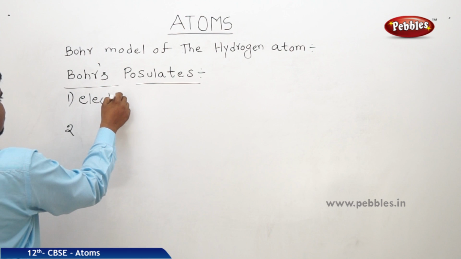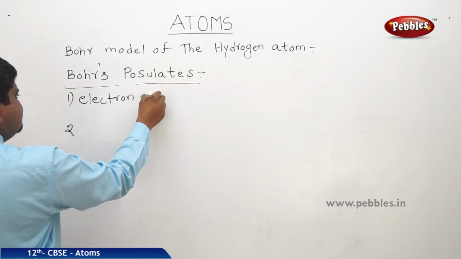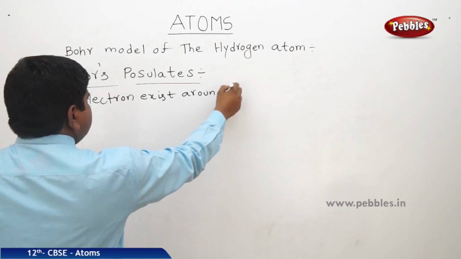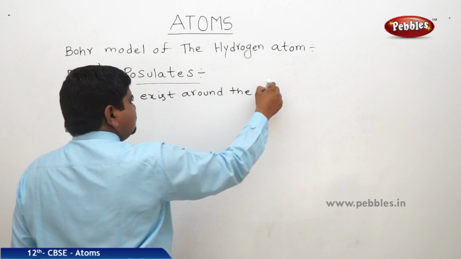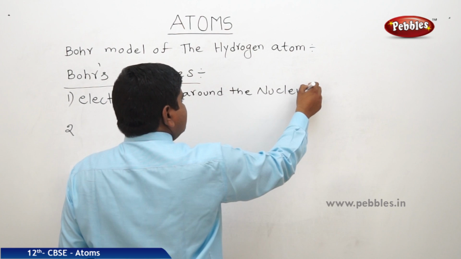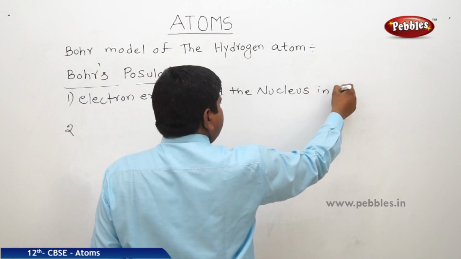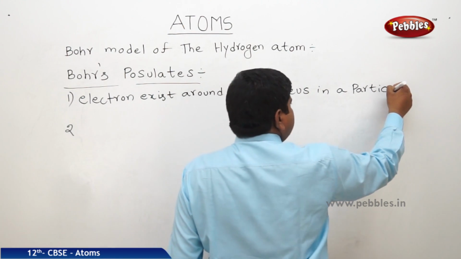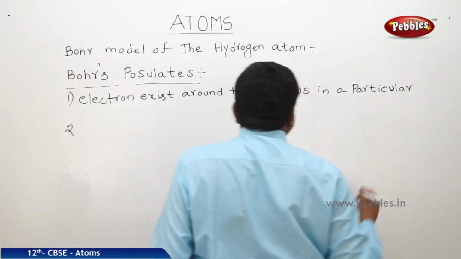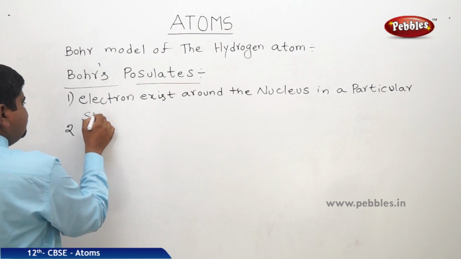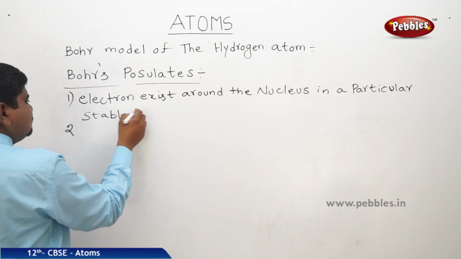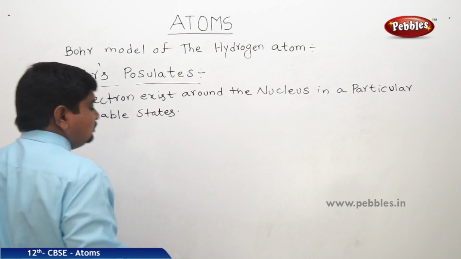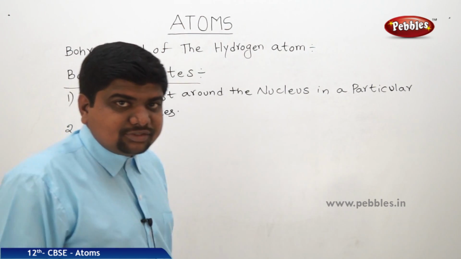Electron exists around the nucleus in particular stable states. These are also called stable states of the atom.